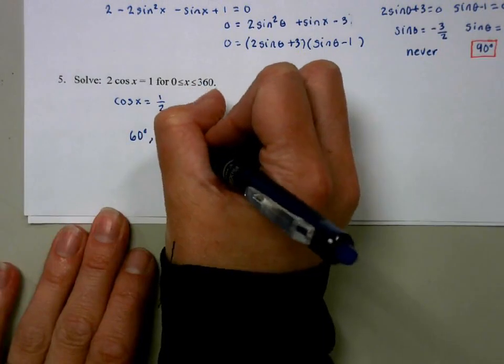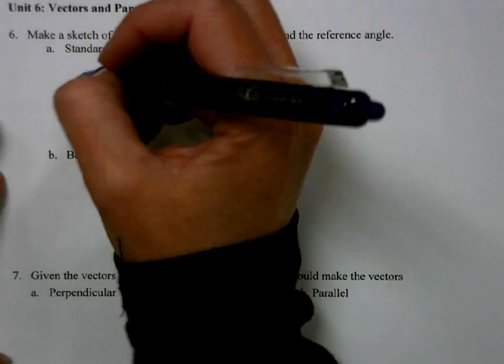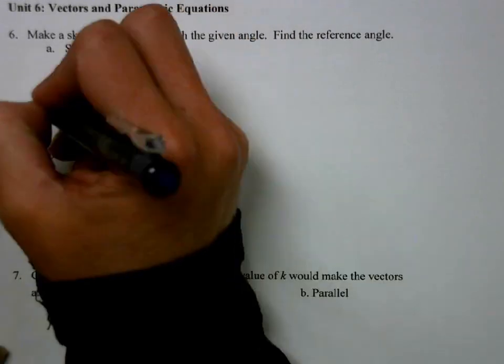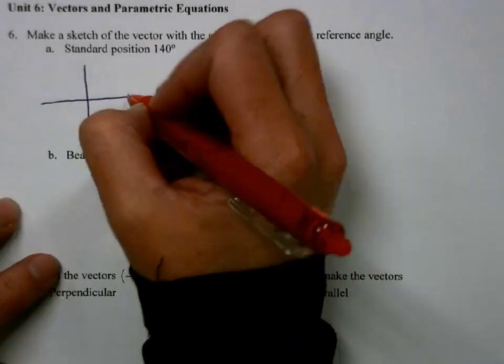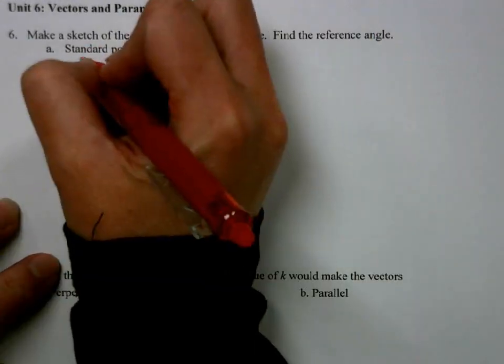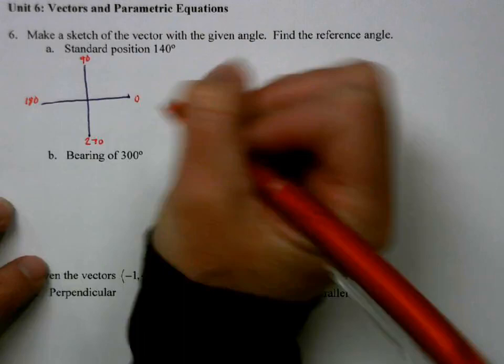Okay, next we're going to draw some vector diagrams and find the reference angle. So standard position is our unit circle measurements. So the positive x-axis is 0, 90, 180, 270. So this one, standard position 140, is going to be over here.